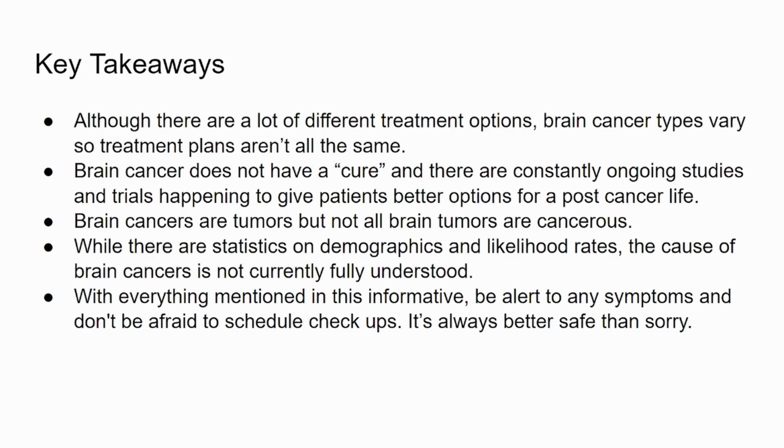There's no standard way to do things with any one person because everyone's different, especially depending on age and different health factors of the individual. Brain cancer does not currently have a cure, and there are constantly ongoing studies and trials happening to give patients better options for post-cancer life. We haven't fully gotten a cure for it.